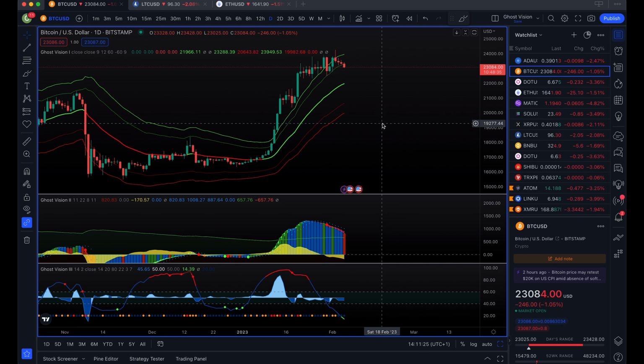And you don't need to tweak any settings when you go between making analysis on crypto or stocks. It's automatically adjustable and it's made in a universal way, so you don't need to play with the settings. It comes like that out of the box, works very well on every time frame.